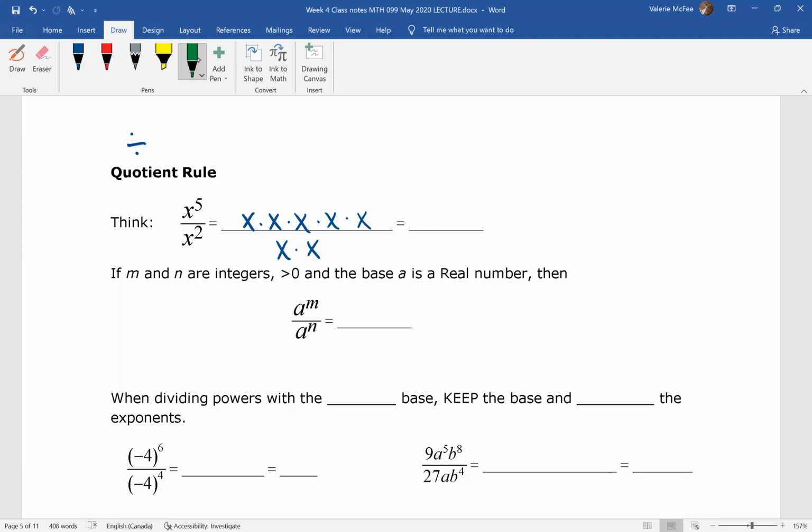And because this is only multiplication and division, we can simplify by dividing out these two x's, and you see that we have x cubed left. We subtracted the exponents. So when the bases are the same, we can keep the base and subtract the exponents.